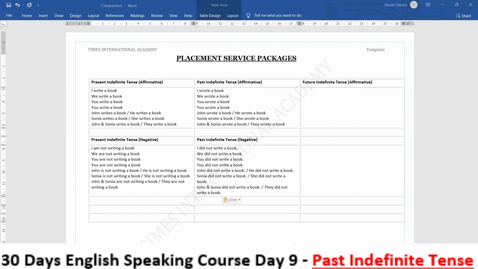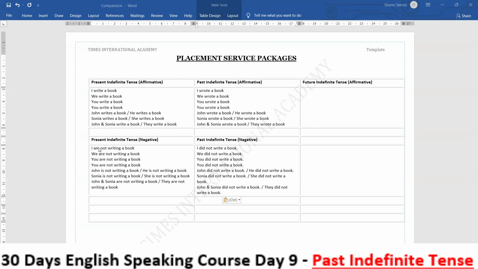I am not writing a book. I think this is present continuous. Yeah, writing a book is continuous, but we are talking about affirmative indefinite, right? Negative sentence, I think I do not write a book.